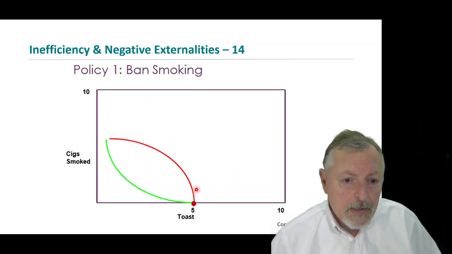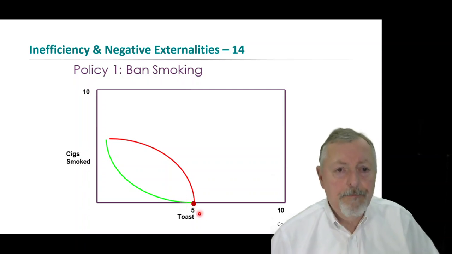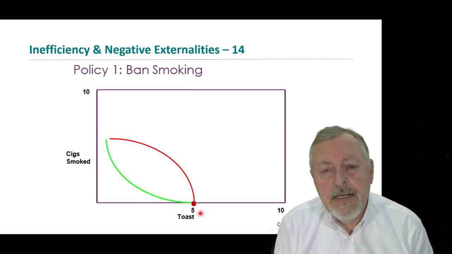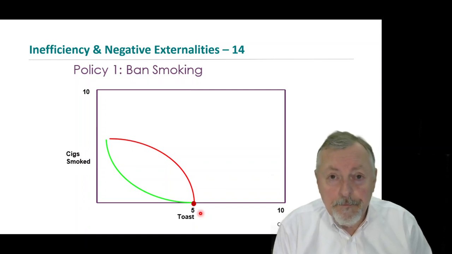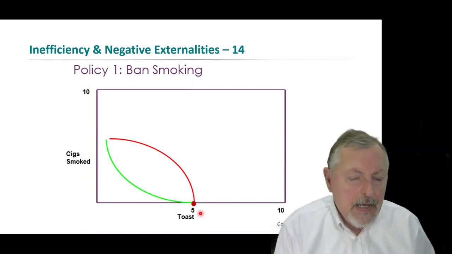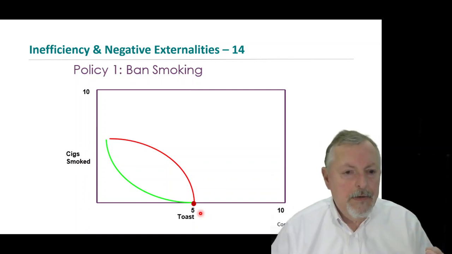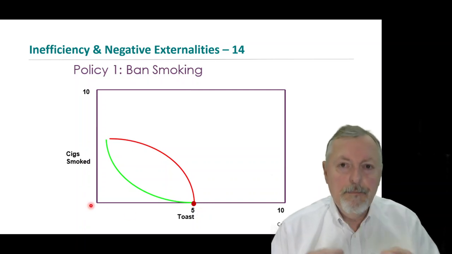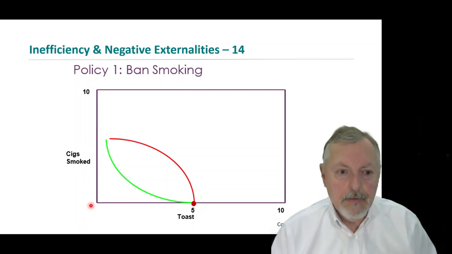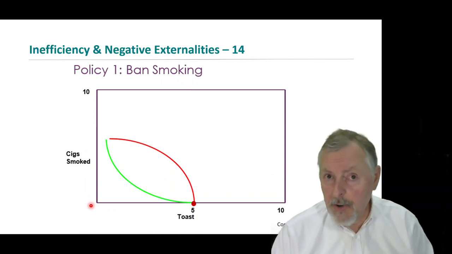Now, let's assume we have this initial endowment. If the public policy is smoking is forbidden, well, that's another way of saying that the smoker can't make a trade to purchase smoke.